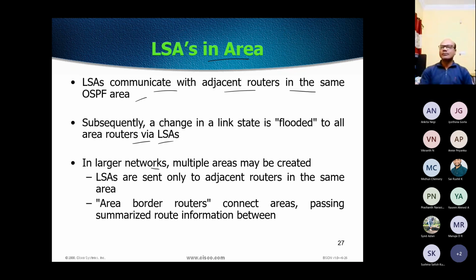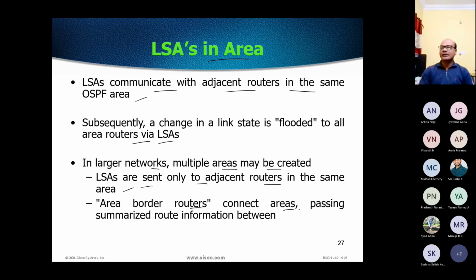In multi-area, LSAs are sent only to the adjacent routers in the same area. It will not send to all. It sends the new LSA updates only to your adjacent or neighbor router, even if your neighbor router is connected to a lot of routers. In this way, we can reduce broadcast traffic.